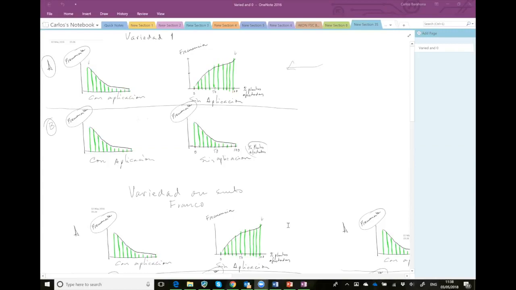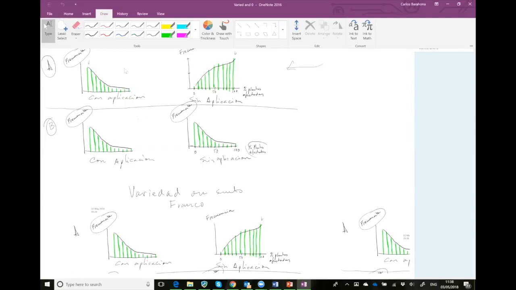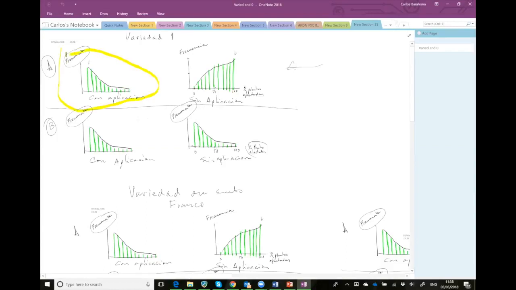I would like you to see the graphic on the top left-hand side, this one. Basically, what we have on the vertical axis is how frequent is the presence of this pest or disease, and on the horizontal axis, we have the percentage of plants affected in a farmer.